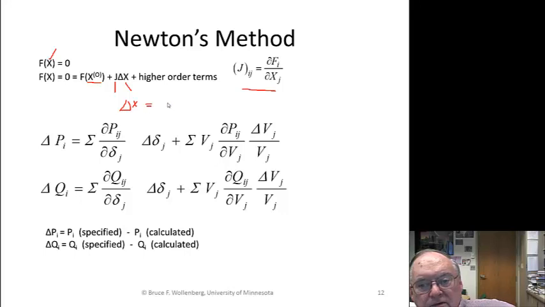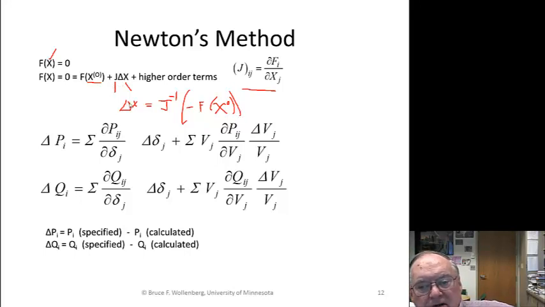Delta x is equal to J inverse, okay, times minus f of x0. This is times. It's not subtraction. All I did was manipulate this equation.